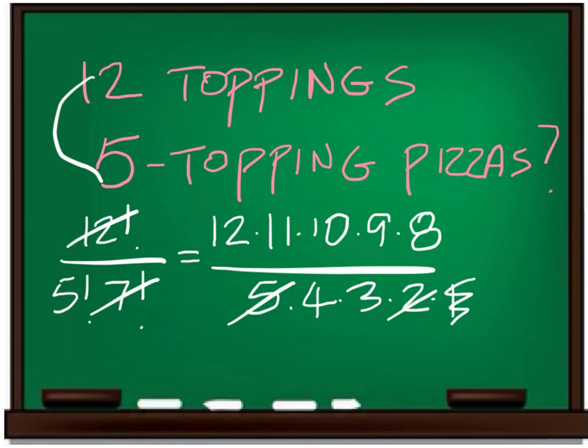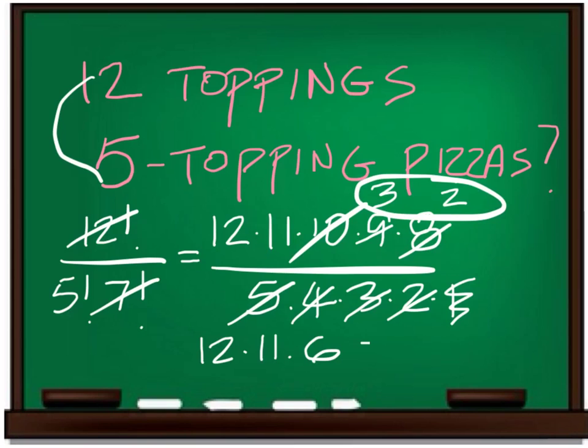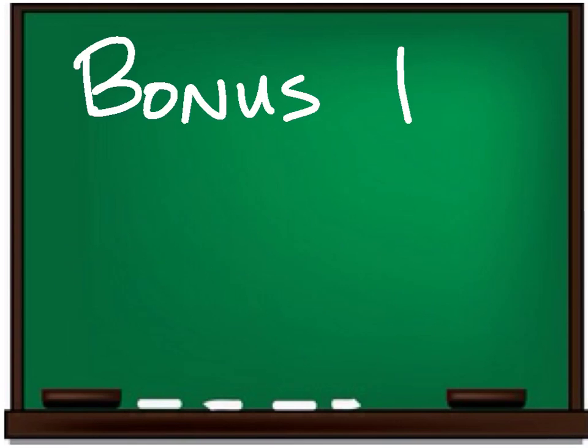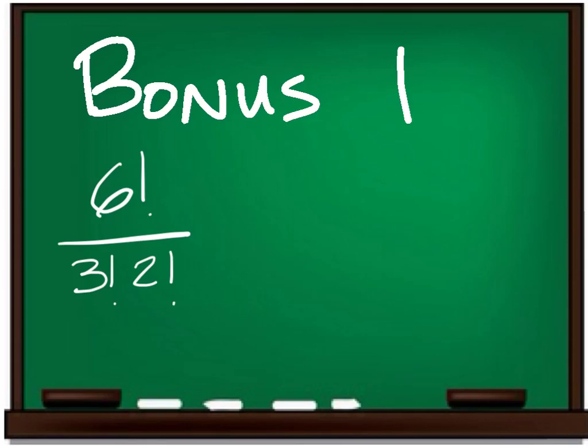You can do 5 and 2 to get rid of the 10, and cancel there to get a 2, and here to get a 3. So you end up with 12 times 11 times what's essentially 6 here. That's 12 times 66. Should come up with 792. Answer is 60.